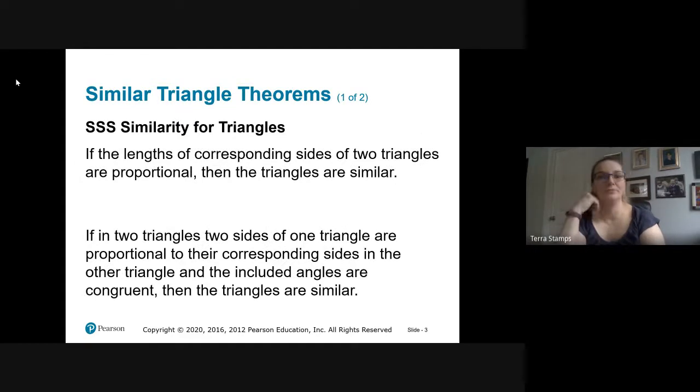Okay? So we have the side-side-side similarity for triangles. If the lengths of corresponding sides of two triangles are proportional, then the triangles are similar. Okay, so we're not saying that they're congruent, we're saying they're proportional. So if in two triangles, two sides of one triangle are proportional to their corresponding sides of the other, and the included angles are congruent, then the triangles are similar.